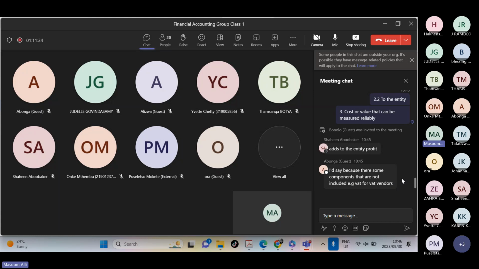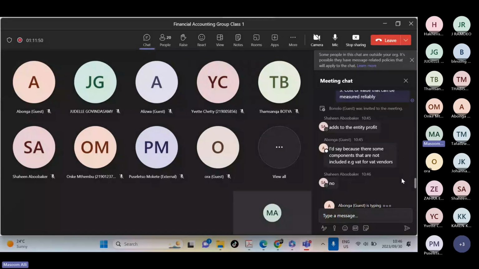Okay, not quite either. So this is a very important thing. Guys, can we record inventory at fair value? No. Can't.